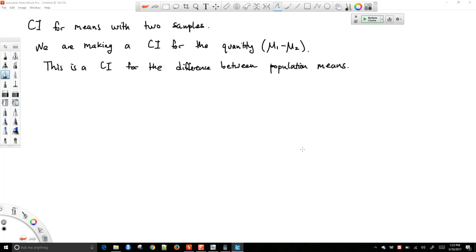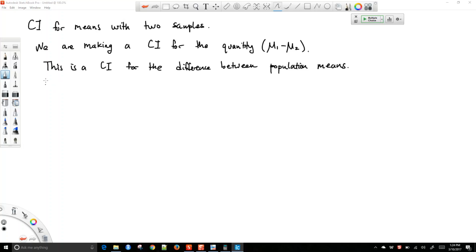We are not making a confidence interval for one population and a confidence interval for the other population. So we've got 2 samples, but we're not making a confidence interval based on sample 1 and a confidence interval for sample 2. We're making a confidence interval for the difference between mu1 and mu2.